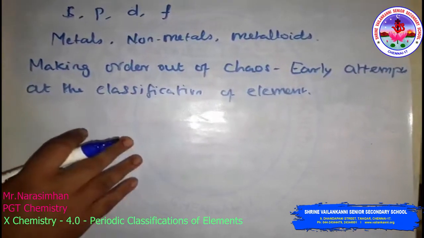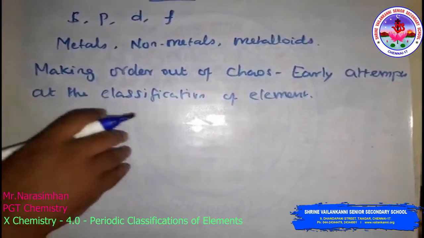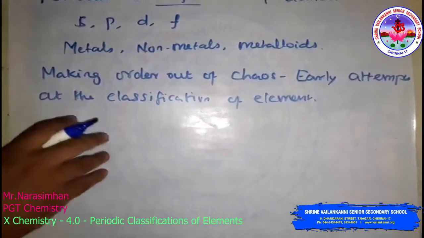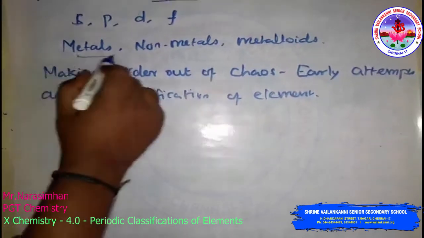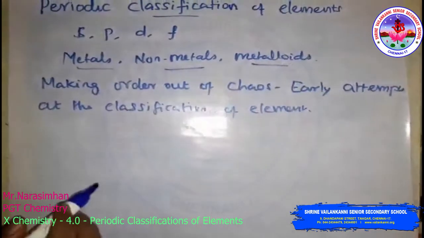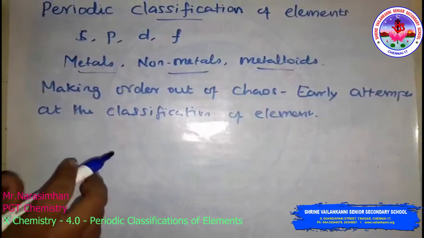The earlier attempt to classify the elements resulted in grouping the known elements as metals, non-metals and metalloids.